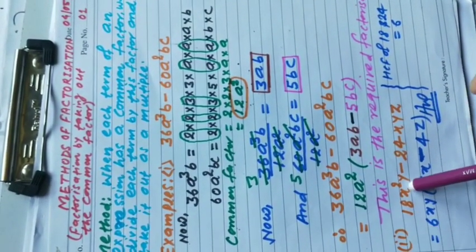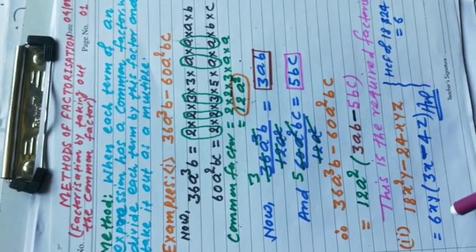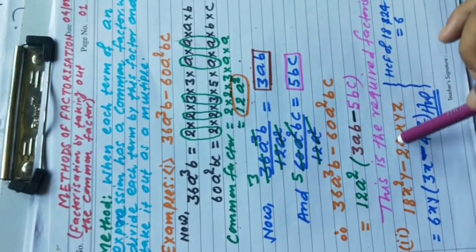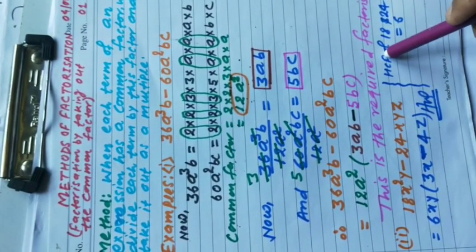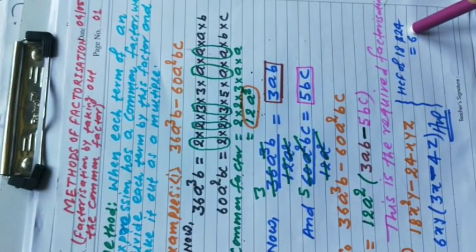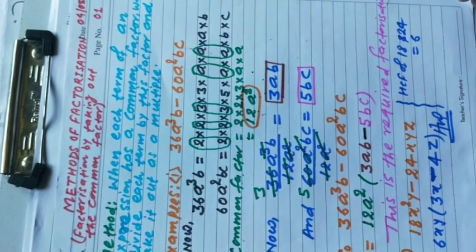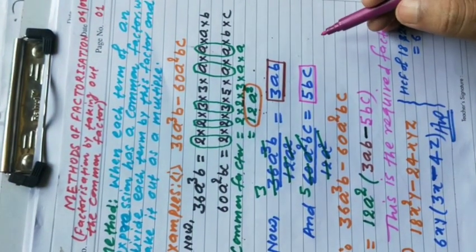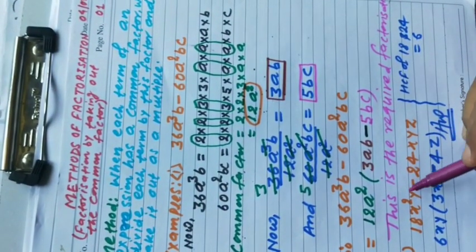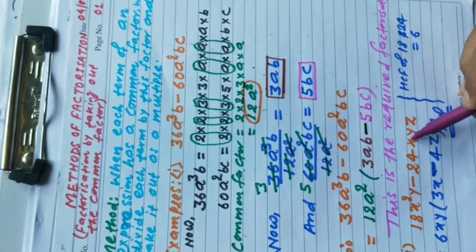Now the second example is 18x square y minus 24xyz. So first find the HCF of 18 and 24. HCF of 18 and 24 is 6. Okay, and now you can see x power 2 is in the first expression, and x power 1 is there.